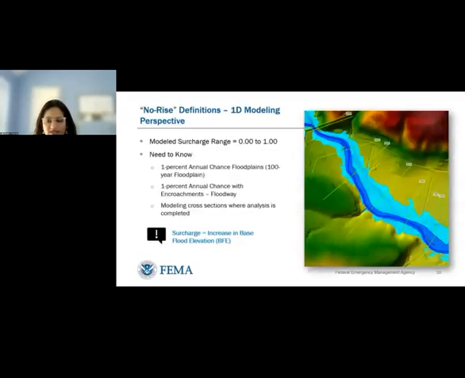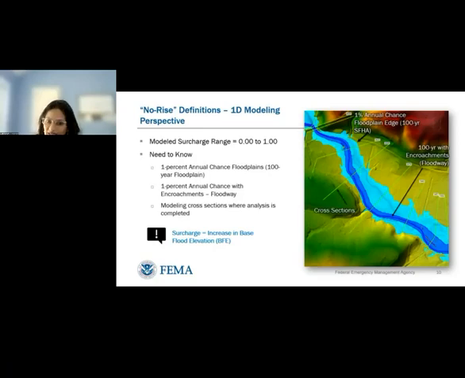Before we talk about no-rise in 2D, I wanted to highlight basic information from 1D that is still applicable regarding the floodways on the FIRMs or flood insurance studies. For NFIP purposes, model surcharge can be between 0 and 1 foot. A few things I want to keep reminding you of: the 1% annual chance floodplain edge, and the 1% annual chance floodplain edge with encroachments, which is the floodway boundary.